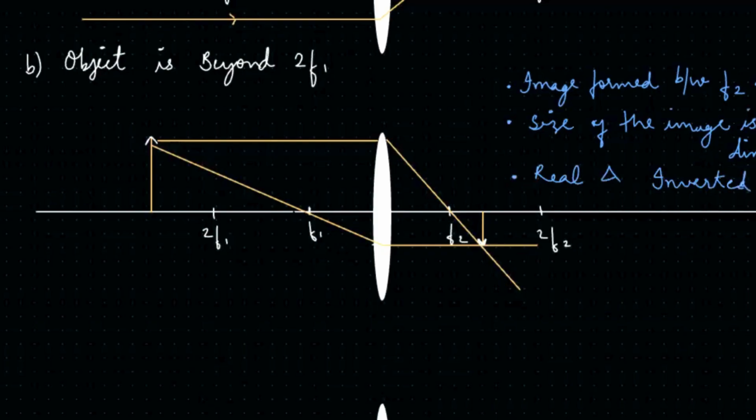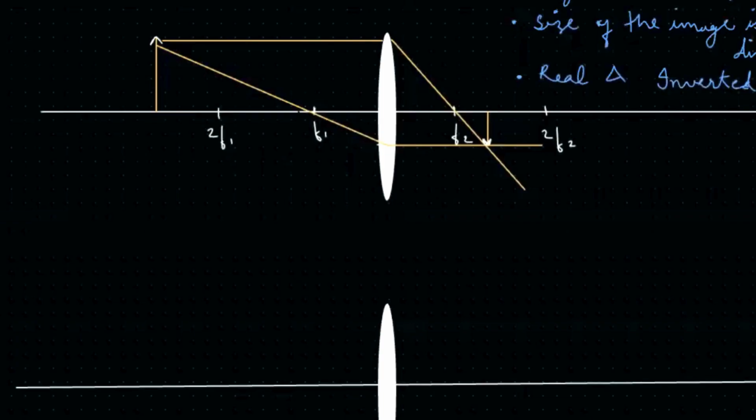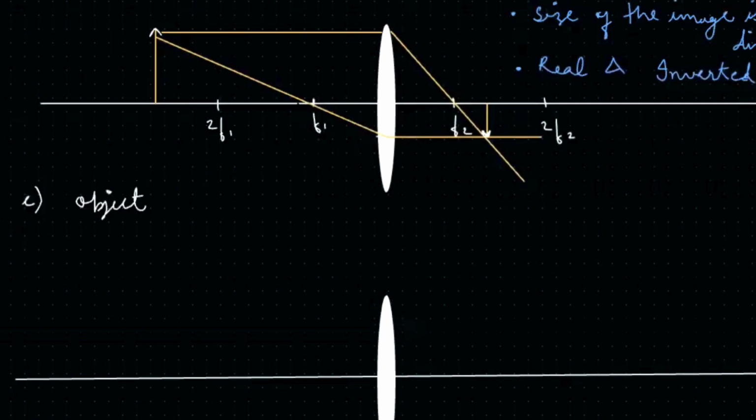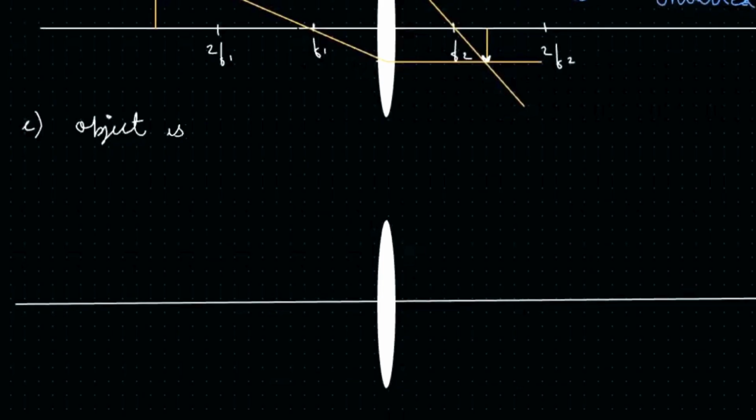Now if we start our third ray diagram, where object is at 2f2. That means we call it as a center of curvature.